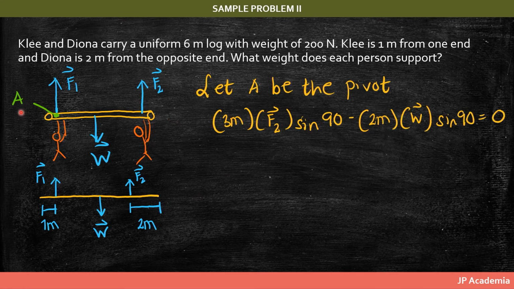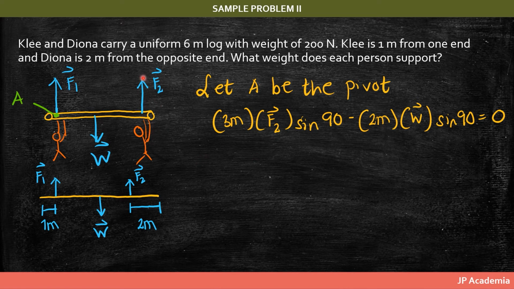Therefore, using A as our pivot, we can have this summation of torques, or the second condition of equilibrium. First, for F2, so remember that F1 has 0 lever arm, and therefore we will not consider that one in our summation of torques, because R here is equal to 0, given that this is our pivot point.